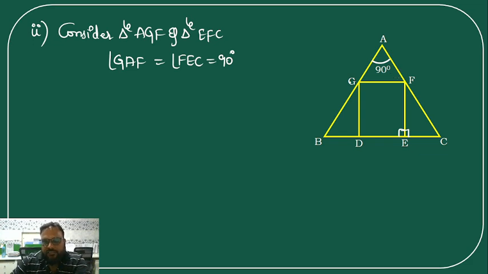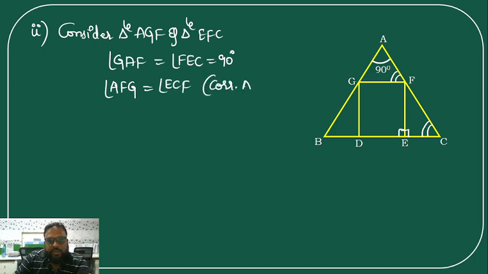And in the same way that we did in the previous condition, this angle and this angle are both corresponding angles. If you take GF and BC as parallel lines, then AC becomes a transversal. So in that case, I can say that angle AFG is equal to angle ECF, corresponding angles.